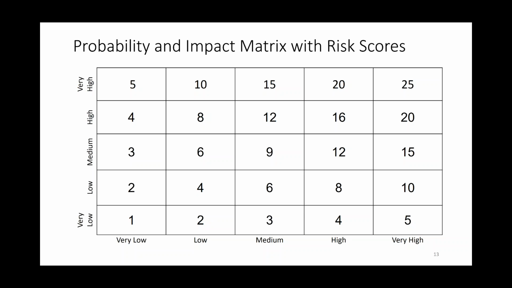I might number this differently. So instead of having my impact go 1, 2, 3, 4, 5 for high, maybe I would say very low is 1, low is 2, medium is 4, high is 8, and very high is 10.